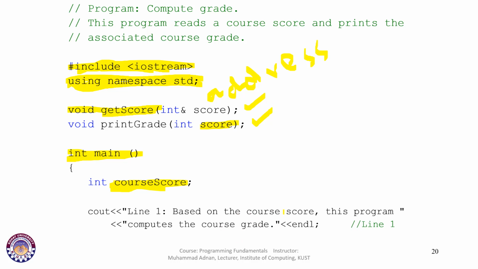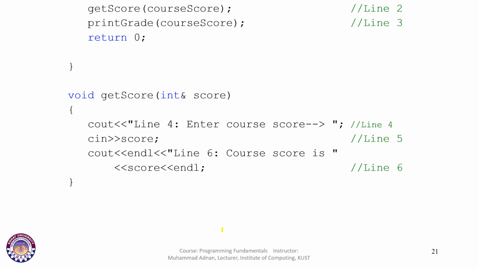Okay, and then we are calling these two functions. So get score gets called here, and then we are calling the print grade function. First we are calling get score.